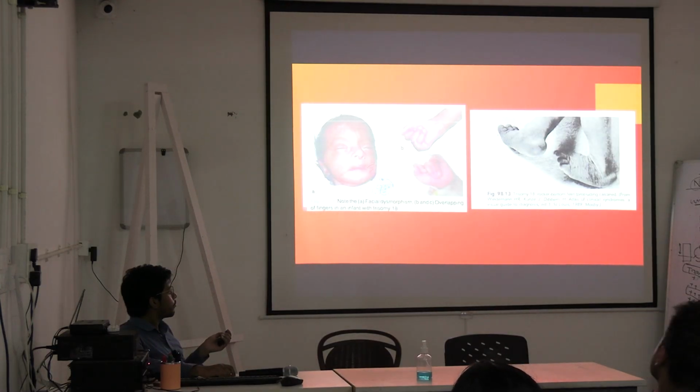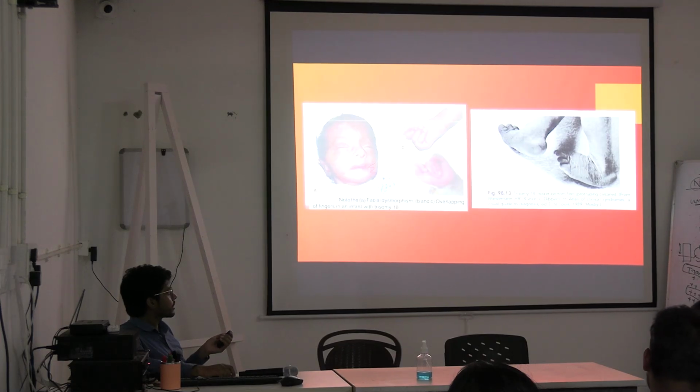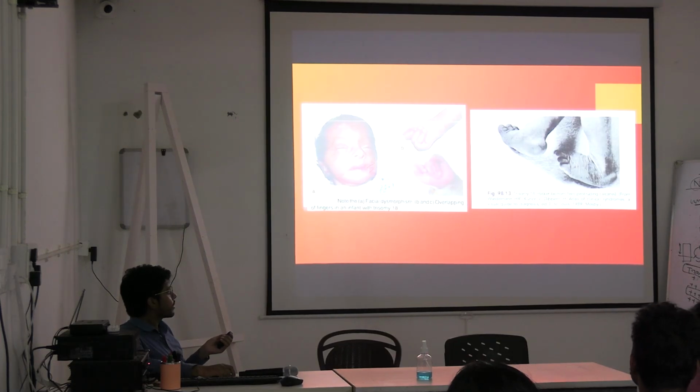This is a case of trisomy 18, facial dysmorphism and overlapping of fingers. You can see the overlapping of fingers. And this is rocker bottom feet. You will find it in both trisomy 18 and 13.